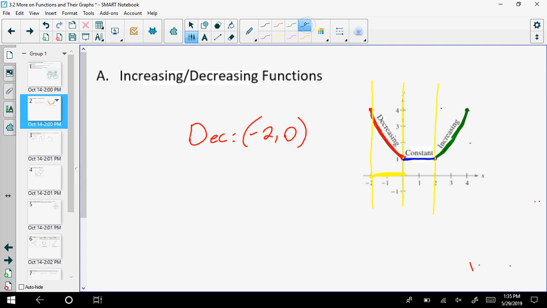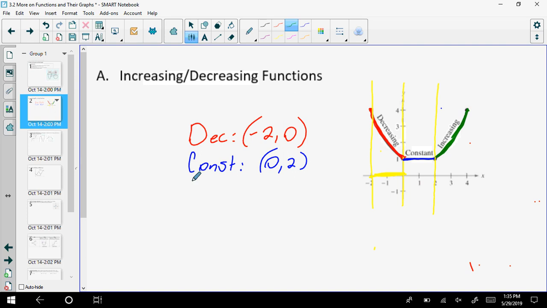So then if I want to talk about where it was constant, if you look at my yellow vertical bars here, we were constant between 0 and 2. Again, we're using the x's. So from x is 0 to x is 2, I didn't go up or down.